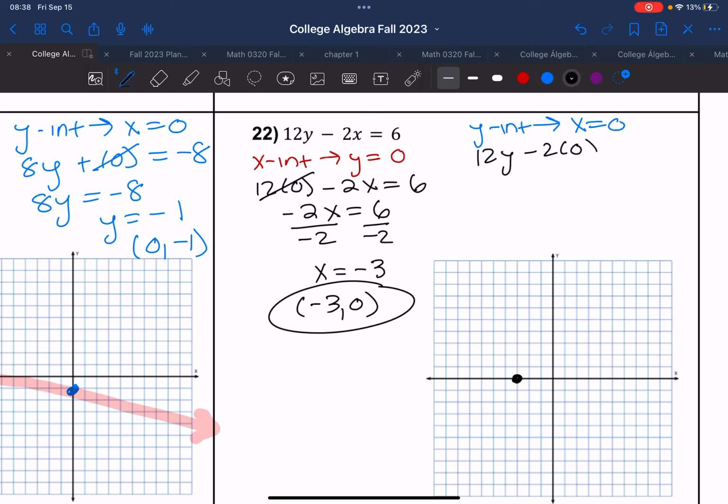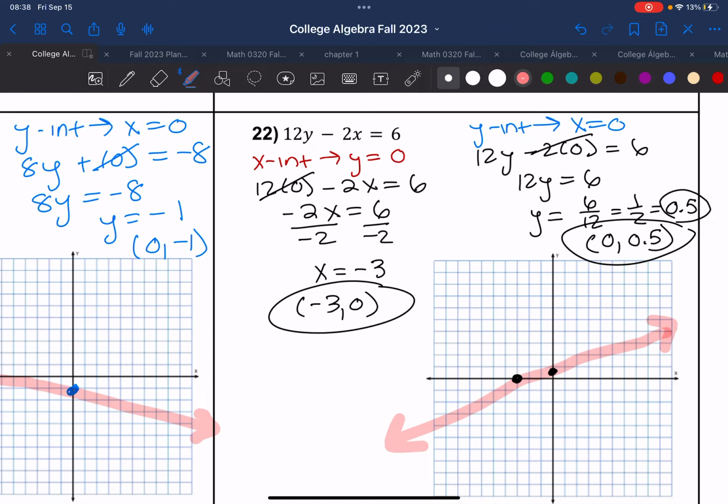So as a point, it would be 0, 0.5, about right here. Now that I have my 2 points, I can create my graph. And that one's my answer.